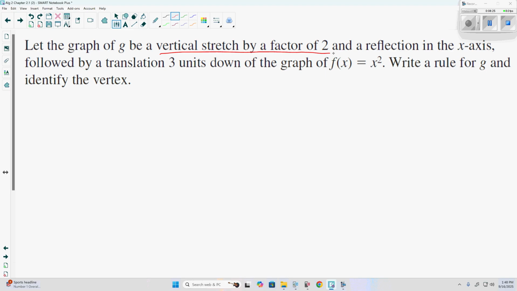Our first transformation is a vertical stretch by a factor of 2. At this point I'm just going to call it h of x. Our vertical stretch or shrink in the general form is a times f of x, where a is the amount we're going to stretch or shrink the function by. Looking at this, what's our value of a?